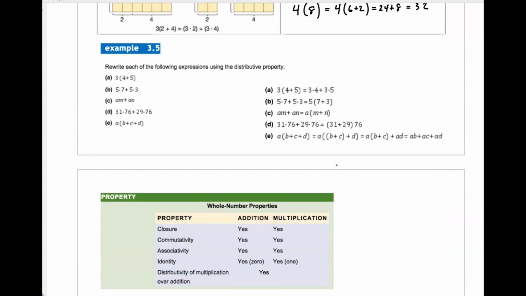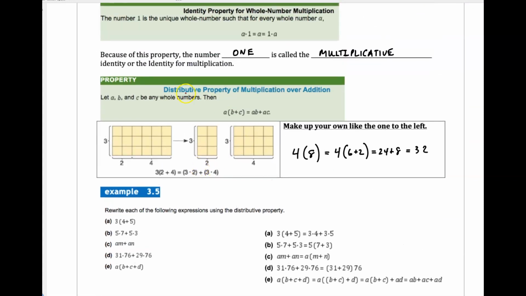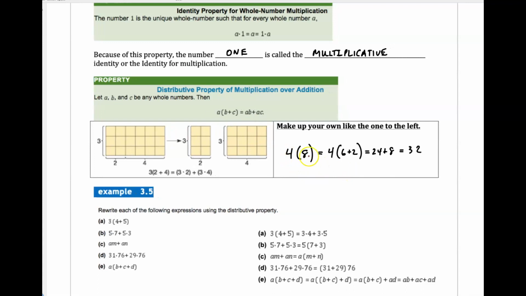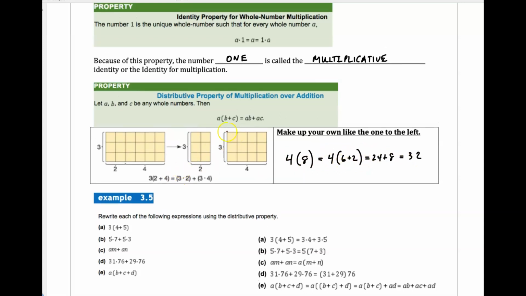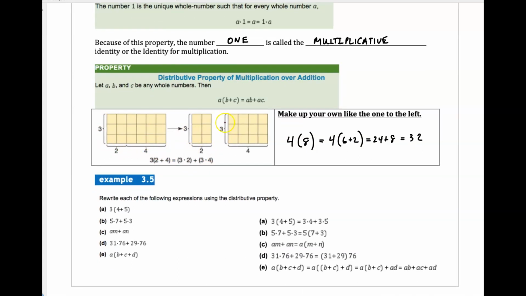And then we have a famous property, the distributive property, and we're going to use this to do some calculations. For example, 4 times 8, I know the answer is 32, but that can be seen as 4 times 6 plus 4 times 2 if you break that up, and that comes from the distributive property. In this nice visual, you can see how 3 times the quantity 2 plus 4 is 3 times 2 plus 3 times 4.